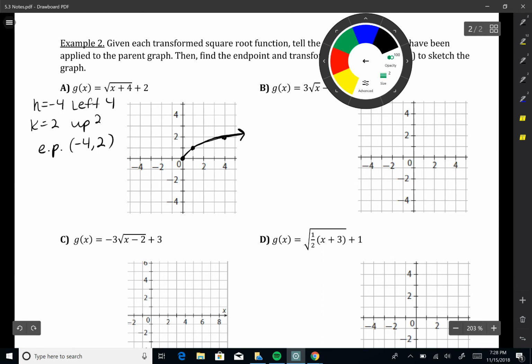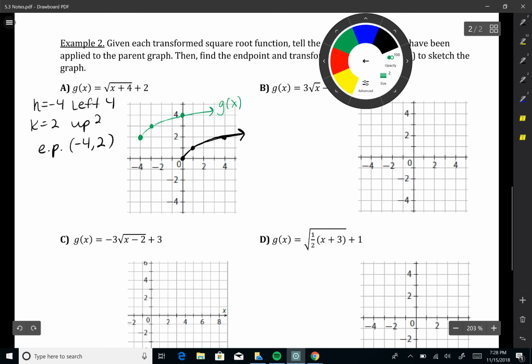So I'm going to draw my transformed graph, left 4, up 2, there's my endpoint. Now I'm going to draw my next 2 points that used to be at 1, 1 and 4, 2. I'm going to count 1, 1 and 4, 2 from this new endpoint. So over 1, up 1, and over 4, up 2. And there is my transformed graph.